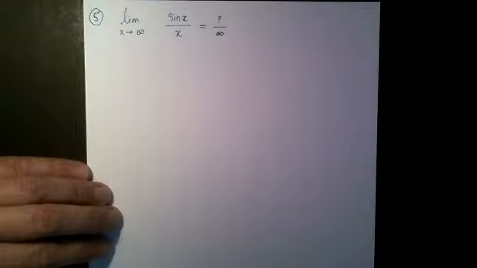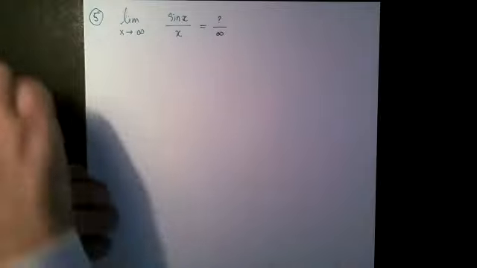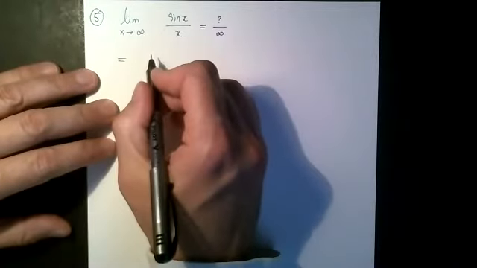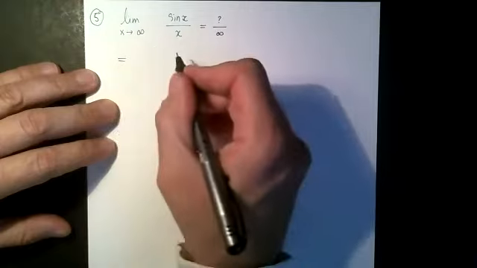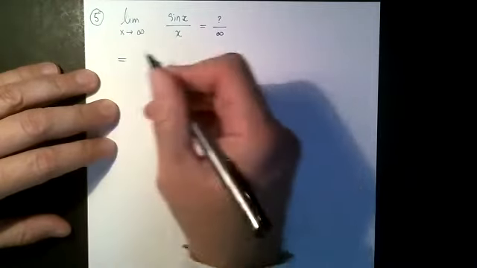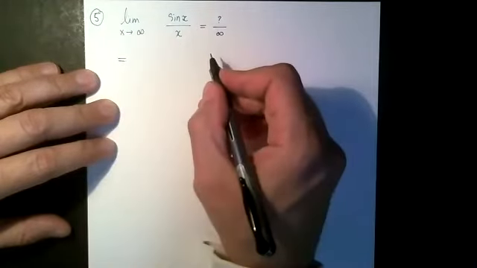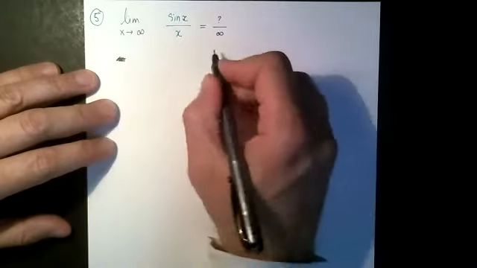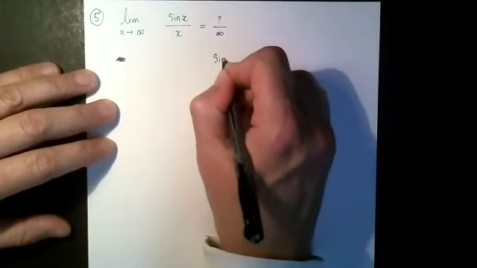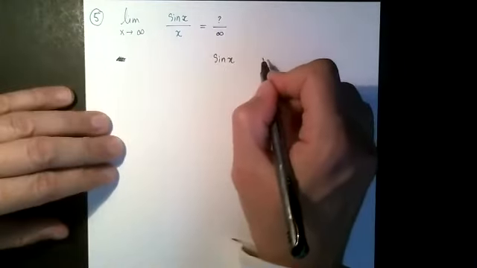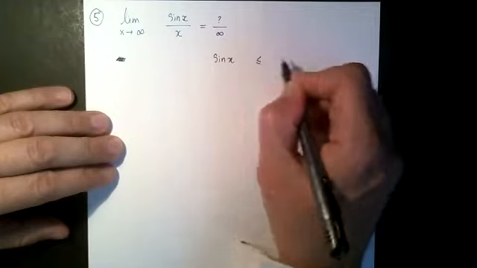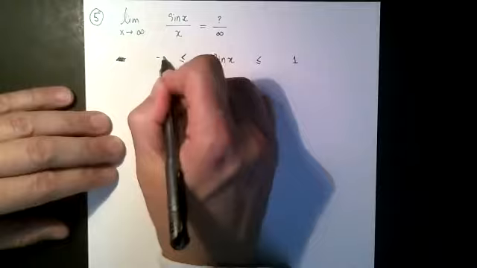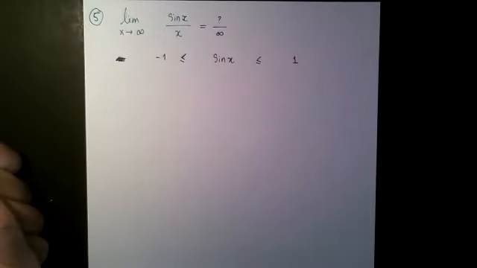Okay, you with me? So let's go. This is what I'm going to do. I'm going to notice that the sine of x is definitely less than or equal to 1 and definitely greater than or equal to -1. This you know, right?